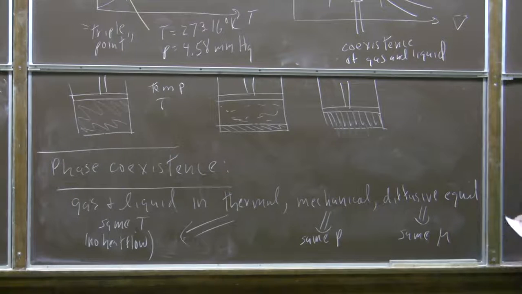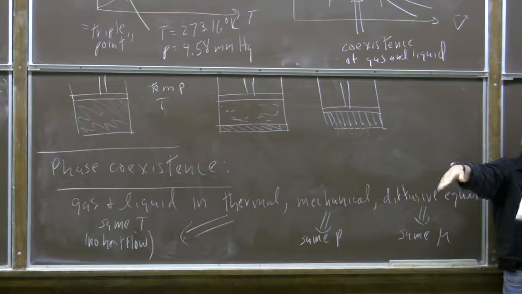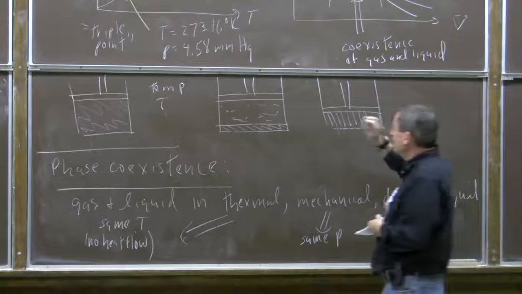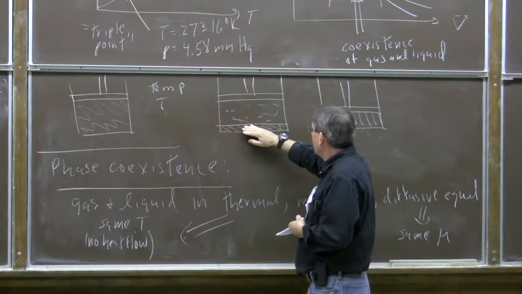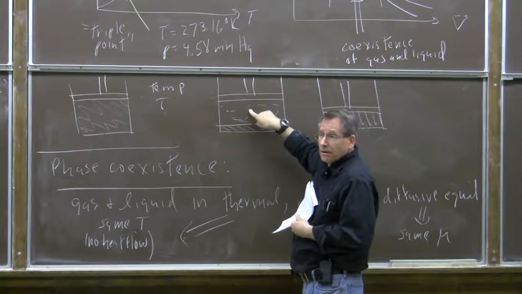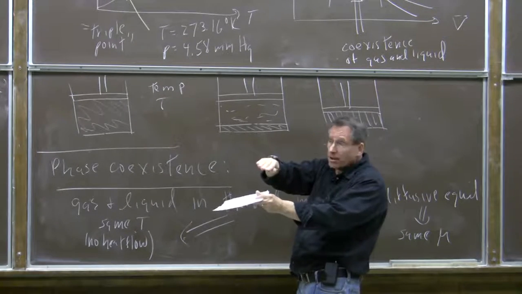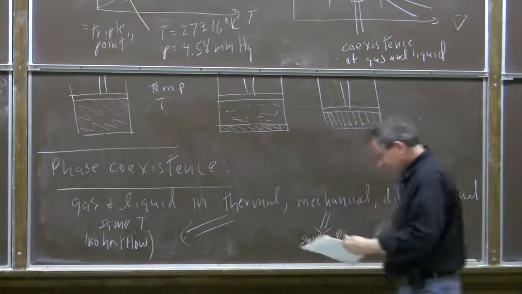If they didn't, then particles would move from higher chemical potential to lower chemical potential to find a more probable configuration. So if the chemical potential of the liquid were higher, that would mean more of the liquid would want to convert to gas until the diffusive equilibrium is established and the chemical potentials match.